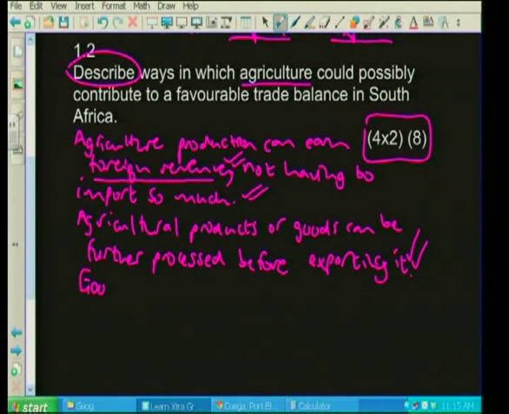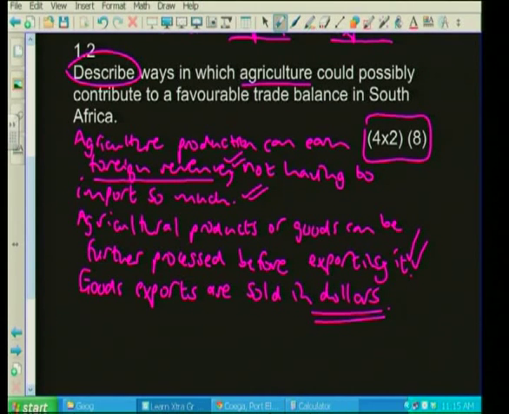Finally, we could say goods that are exported, all sorts of crops and things that we are agriculturally growing, are sold in dollars or in foreign revenue. So if we can sell something in foreign revenue that we've grown, which is cheap for us to do, and then we make a nice profit by selling it to overseas countries, then we're obviously going to earn foreign exchange, which is stronger than the rand, and that's a good thing for our balance of trade.